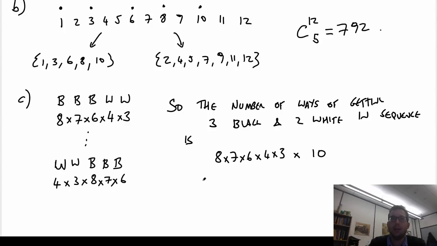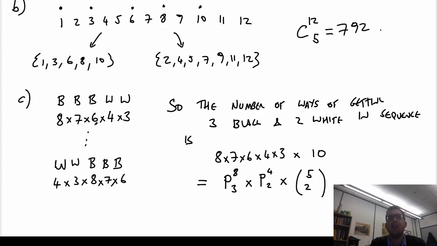And what was I really doing the calculation for here? Well, I've got 8 permutation 3 times 4 permutation 2 times 5 choose 2. That's really the calculation I was doing there.